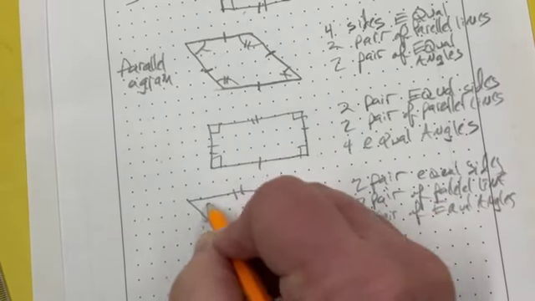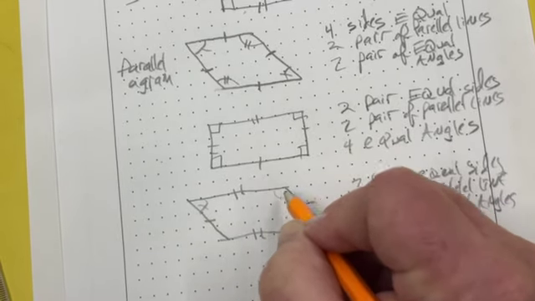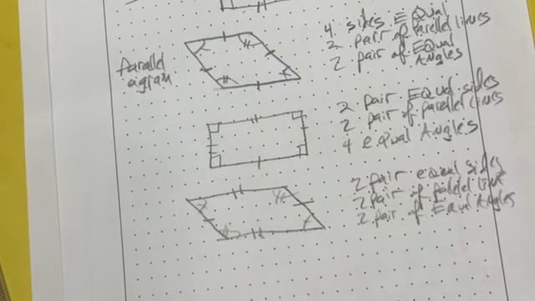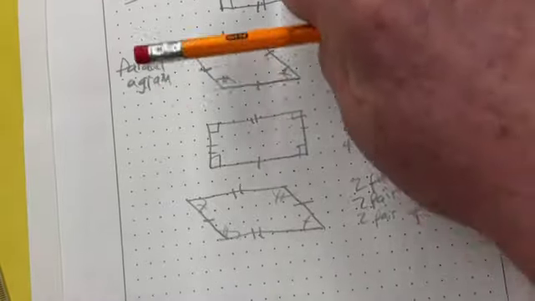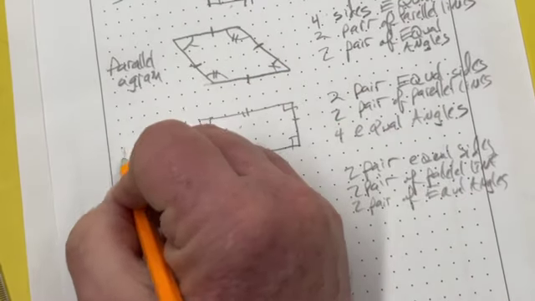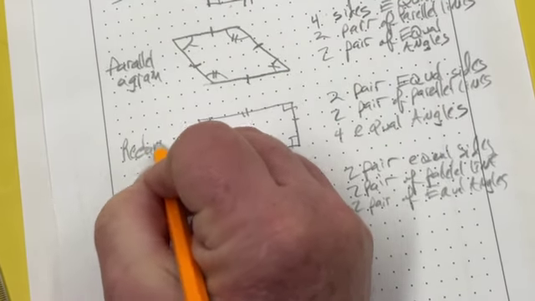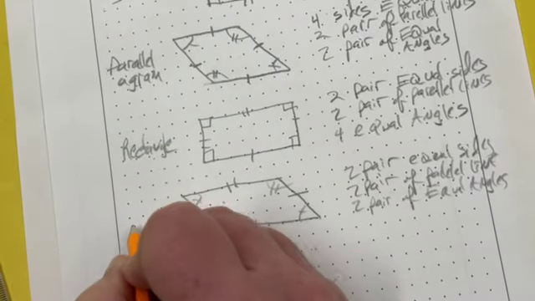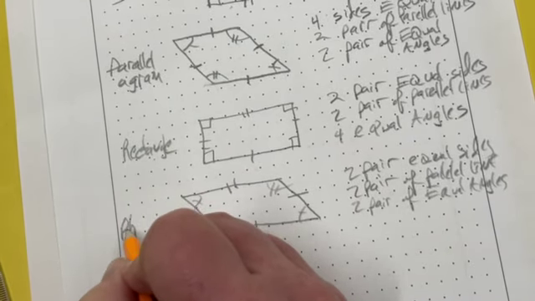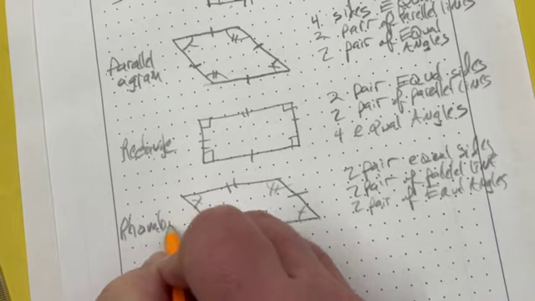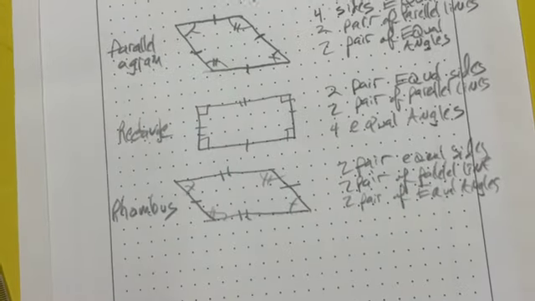Right? Because this one and this one are equal, and this one and this one are equal. And I love the symmetry. We forgot to name this one. This one is a rectangle. And this one is called a rhombus.